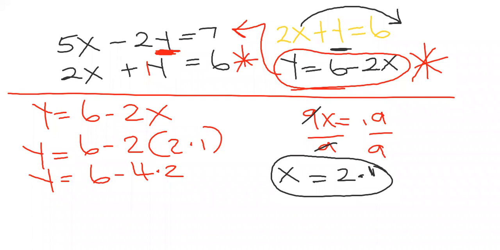So the final answer for your y becomes 6 minus 4.2. 6 minus 4.2 gives us 1.8. So it means the value of your y is 1.8. And that's how we solve a simultaneous equation using the substitution method.